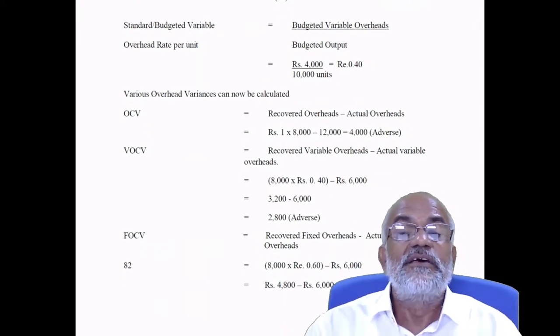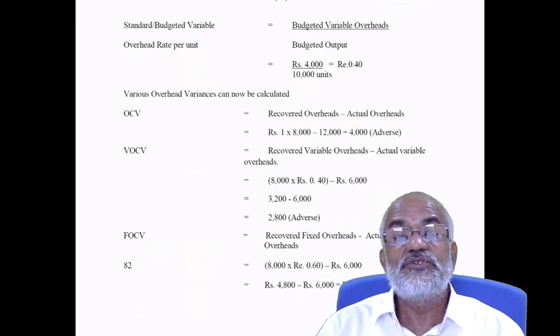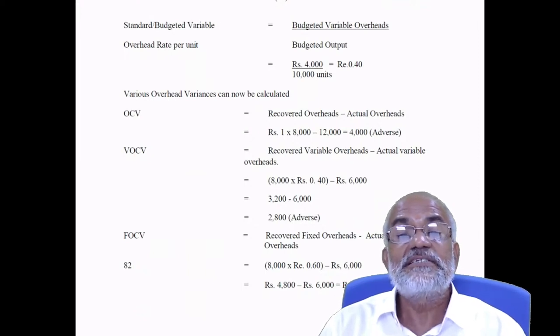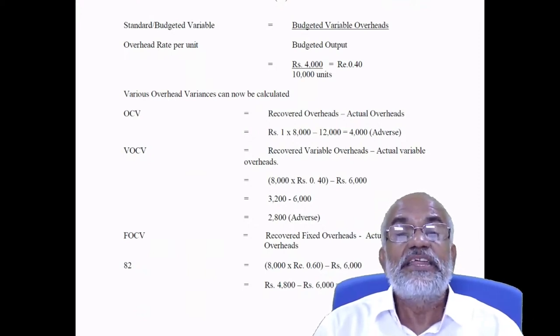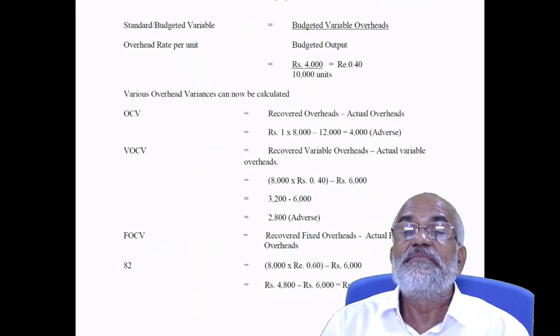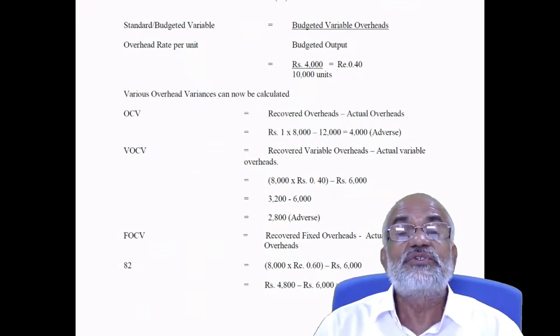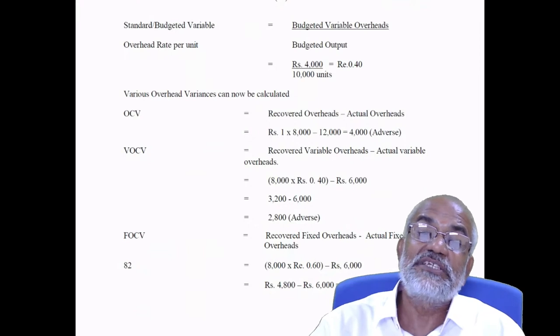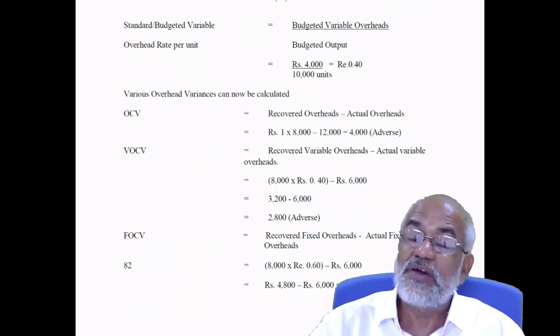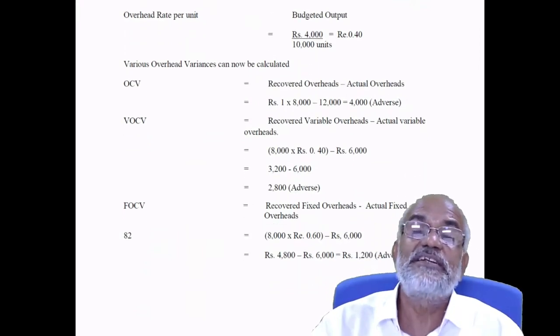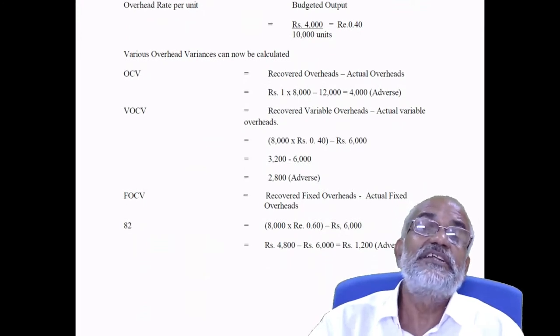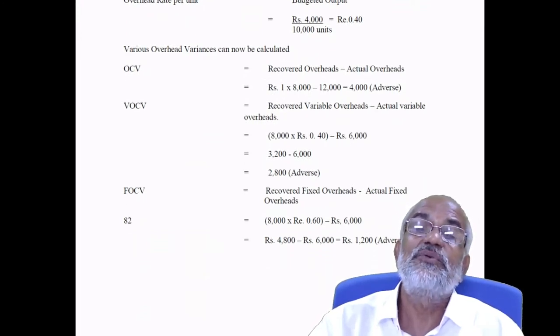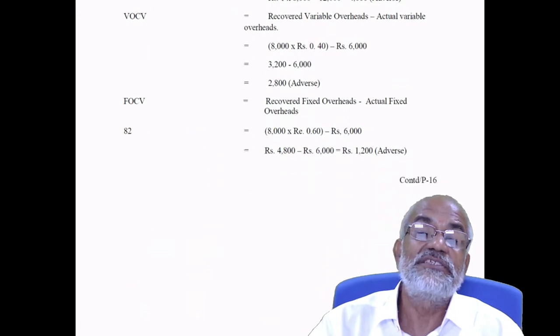So the fixed overhead cost variance is 1,200 adverse, and the variable overhead cost variance is 2,800 adverse. When both are added together, it gives rise to the overhead cost variance of 4,000 adverse.